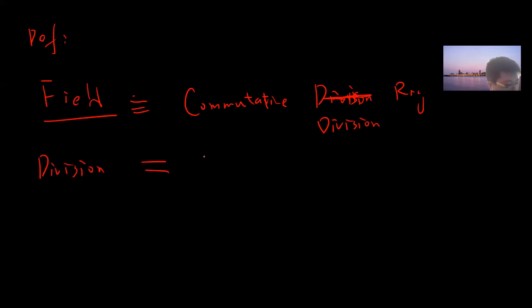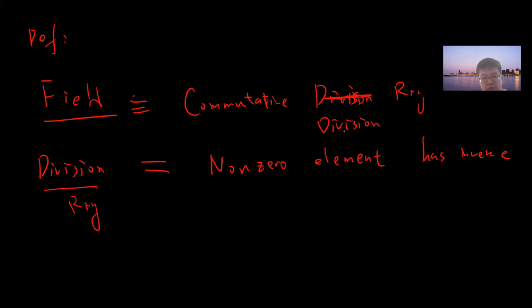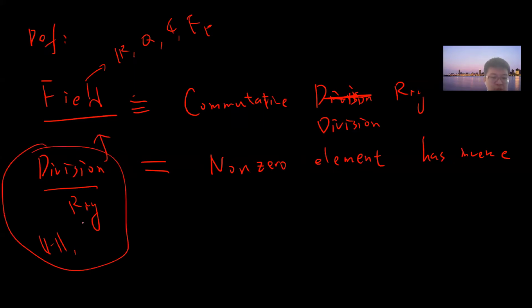Division ring means that every non-zero element has an inverse. So if every non-zero element has its inverse, it is called a division ring. If it's a commutative division ring, then it is called a field. Okay, so for example, the rational field, real numbers, complex numbers, and finite fields are all fields. A division ring is basically the quaternion. Yeah. A division ring is not easy to see, right? It's maybe hard to construct.